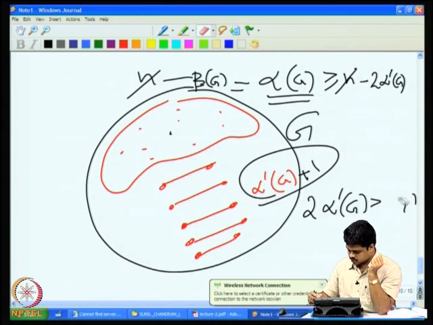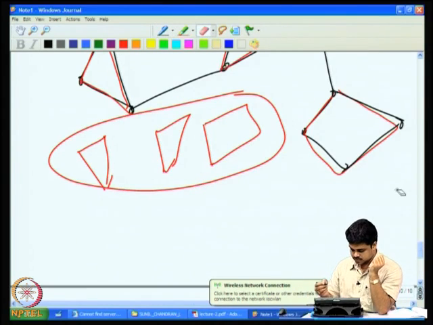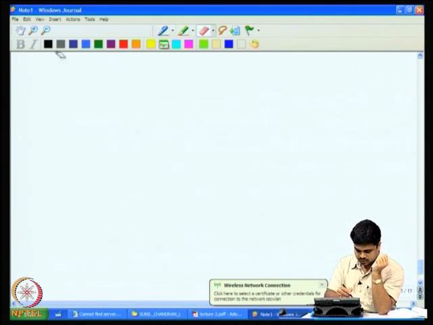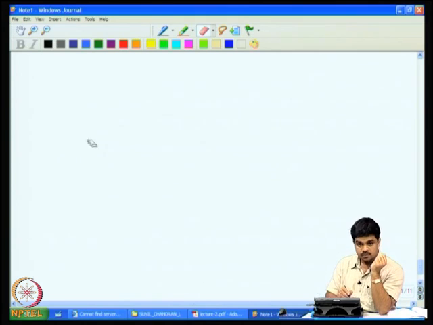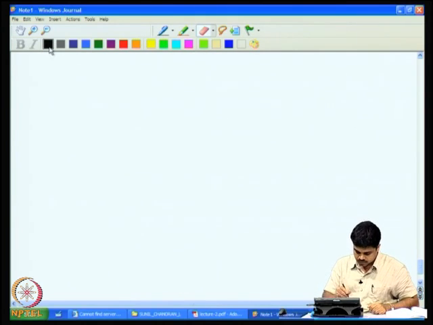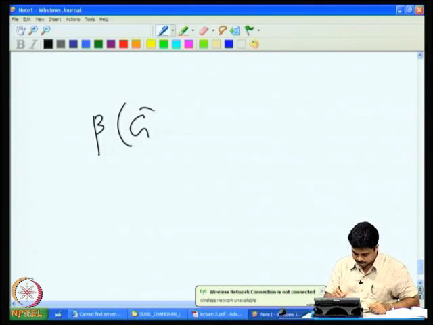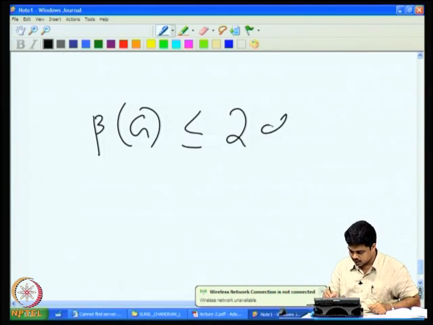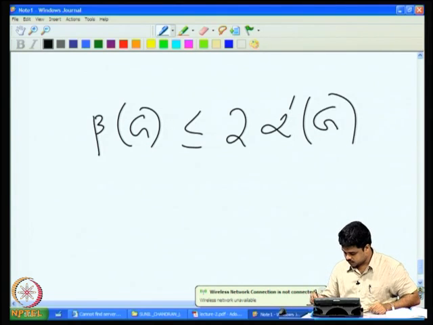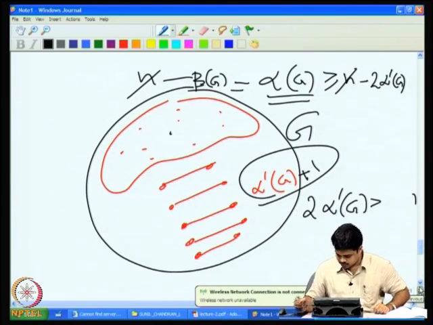This is what we studied in the last class. So what we get is beta of G is less than or equal to 2 times alpha dash of G. This is what we get when I rearrange this thing.